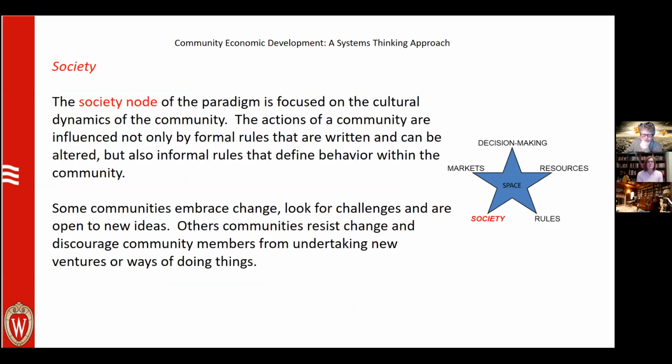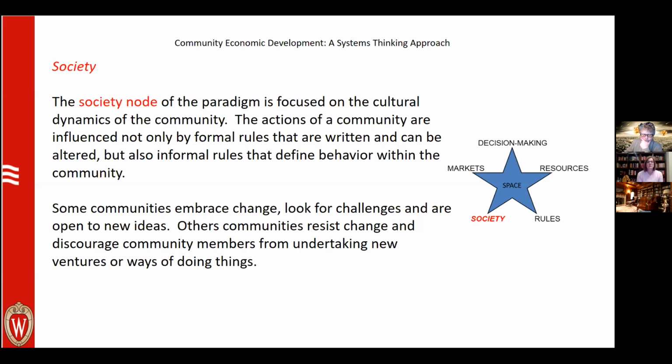Now, the society node, I'm going to come back to this in a minute. This is something that we really had a hard time with. When Dave Marcouiller and I were working with Ron on recrafting this, he had the society node and the rules node as one, so it was a diamond rather than a star.